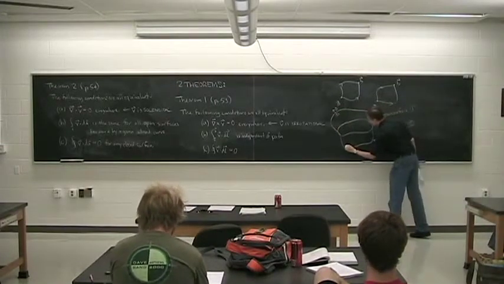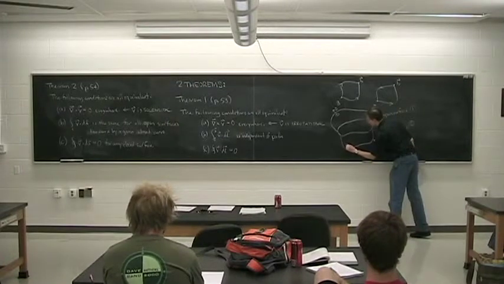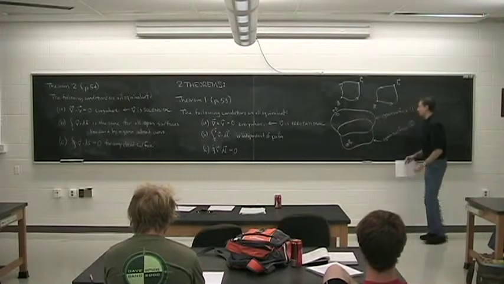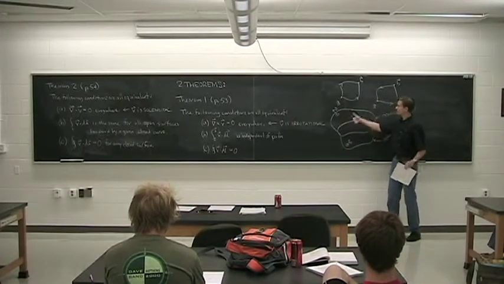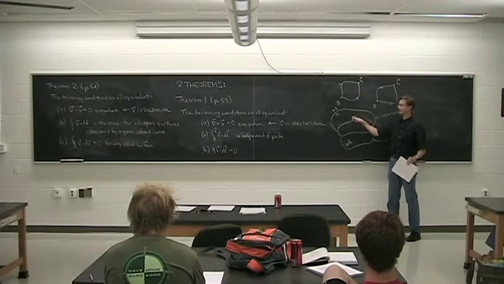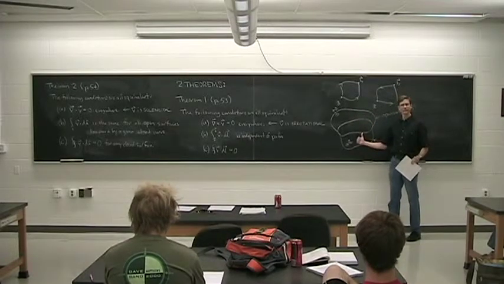If I'm choosing the outward normal to be in some sense upwards for the first surface, it also has to be upwards for the second surface.